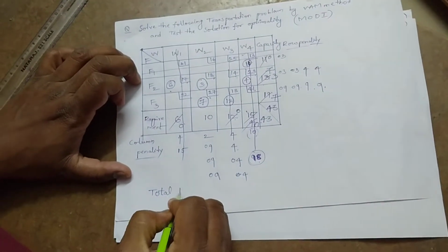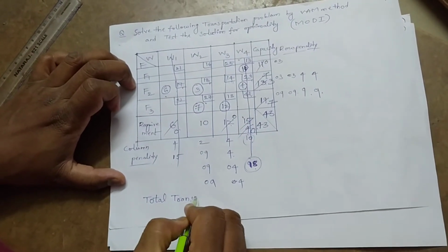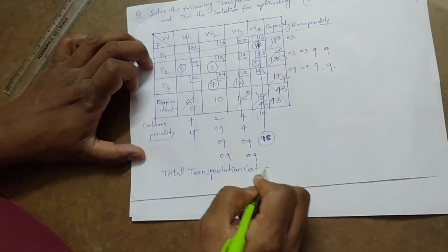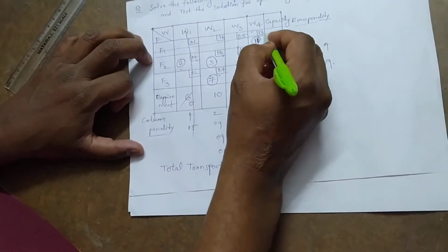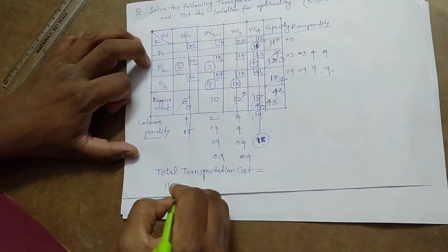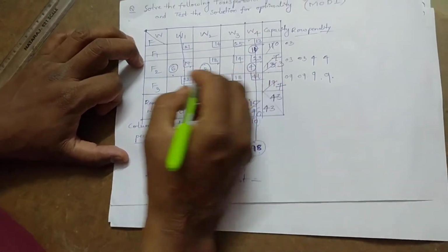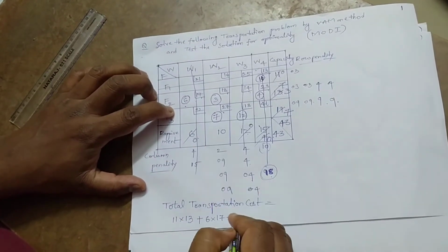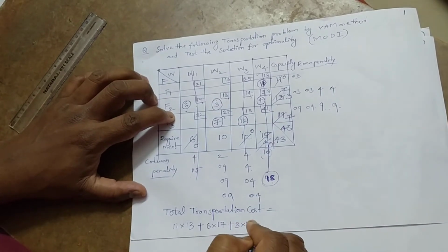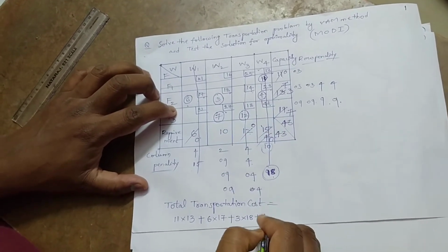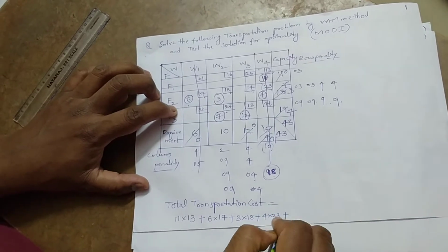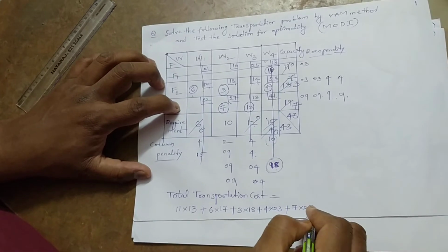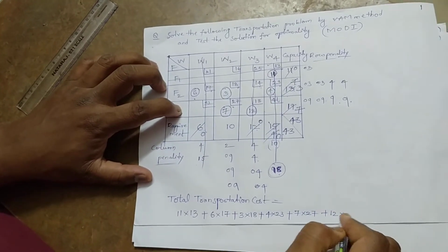The total transportation cost is equal to, let us see row wise, 11 into 13 plus 6 into 17 plus 3 into 18 plus 4 into 23 plus 7 into 27 plus 12 into 18.